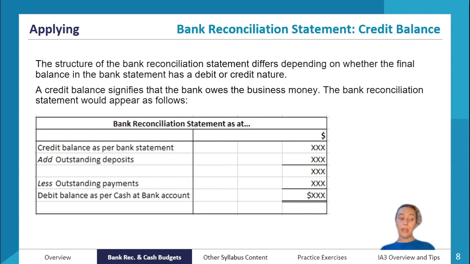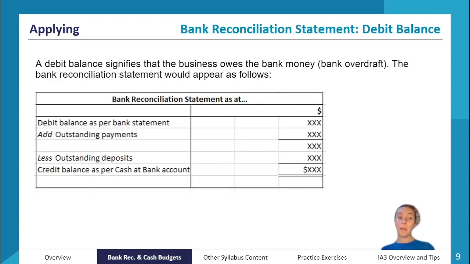Now, as opposed to this, if you have a debit balance, then that shows that the business owes the bank money, and we can call that a bank overdraft. And the bank reconciliation statement would show this by starting off with saying debit balance as per bank statement, so exactly the opposite to what our previous one said.